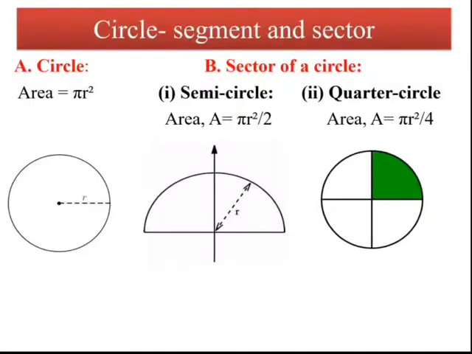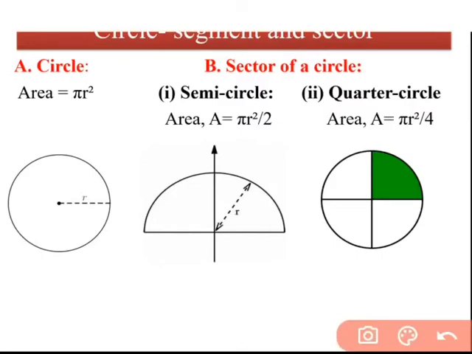Now next object is circle, segment and sector. Okay, first is circle. We all know that the equation of area of a circle is equal to pi r square. Second, sector of a circle. So first, semicircle.